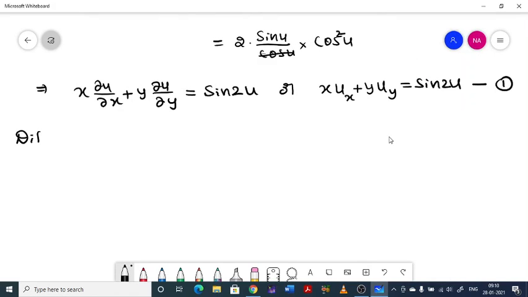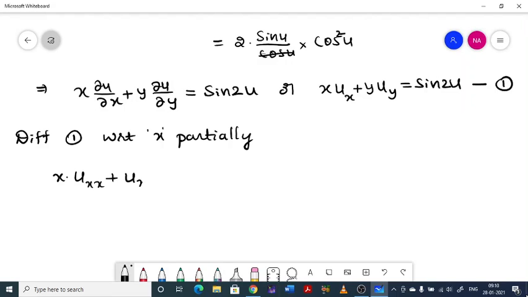I want u double x, so differentiating equation 1 with respect to x partially. What will you get? I have to apply the product rule here. So x into derivative of ux is u double x, plus ux into derivative of x, which is 1.